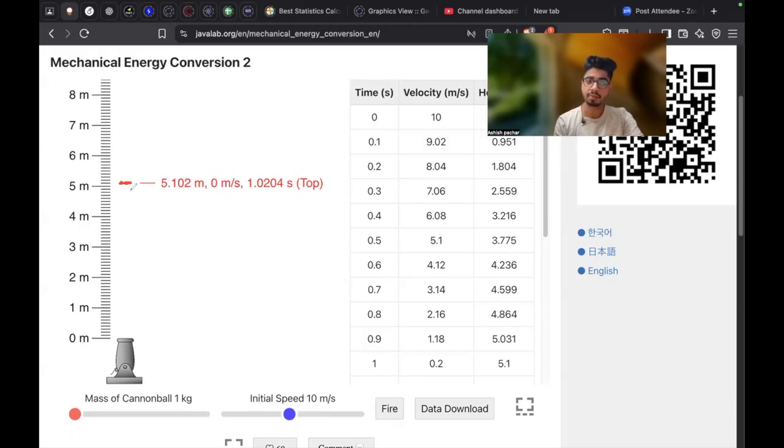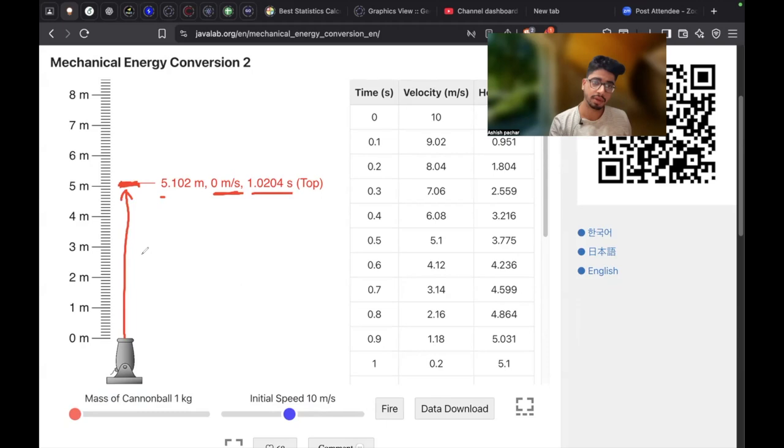At the maximum height, the velocity becomes zero. At the peak value, it is going to take some time. So at the peak value, the vertical velocity becomes zero. This is the same case as when you launch a ball vertically.